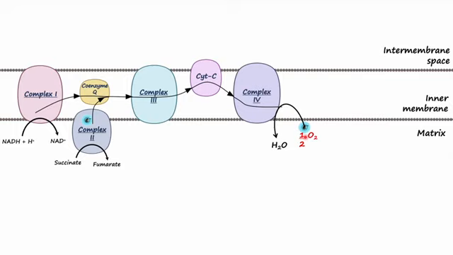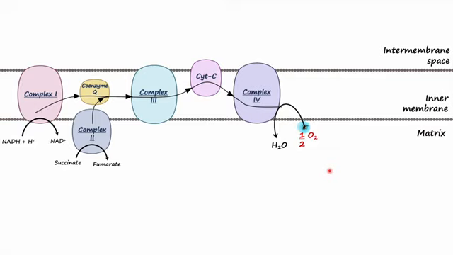And once the electrons are with oxygen, oxygen is reduced and forms water in the mitochondrial matrix. And the electrons from complex 2 travel through coenzyme Q to complex 3 to cytochrome C to complex 4 and finally to oxygen.